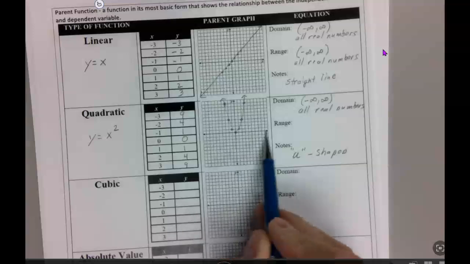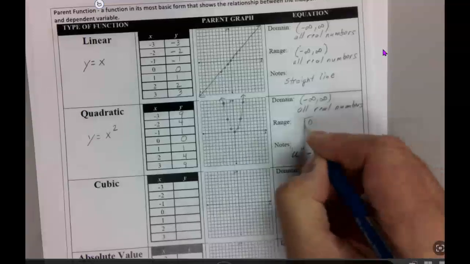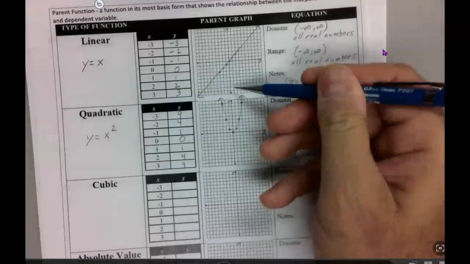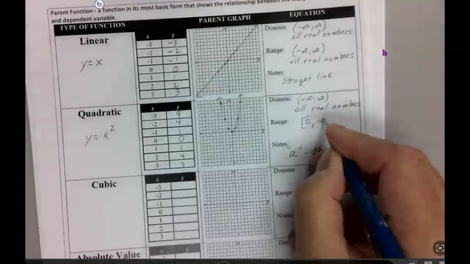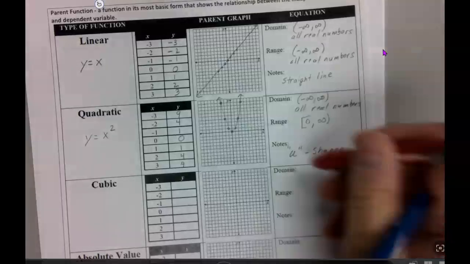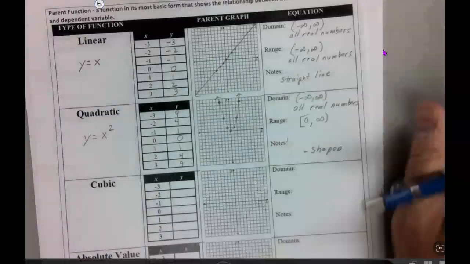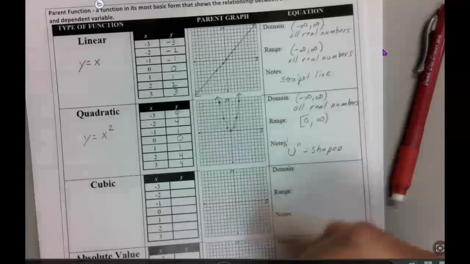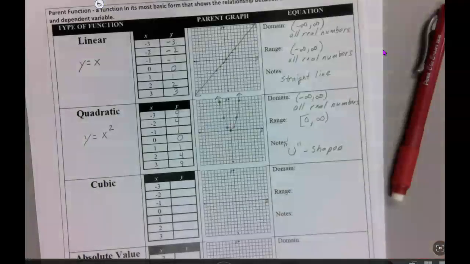What's the smallest? 0, correct? Included. And then the ceiling's what? Positive infinity. Infinities are never included, okay? That's not a very good U shape there. There we go.